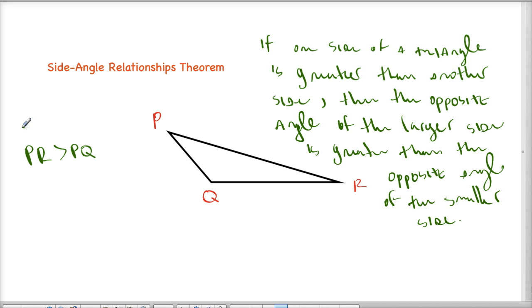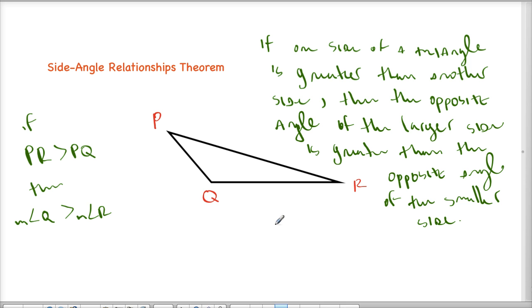So if PR is greater than PQ, which we can clearly see from the picture, then the opposite angle of PR, here's PR, the angle opposite that is angle Q, is going to be greater than the angle opposite PQ. Here's PQ, the angle opposite it is angle R. So we would know that the measure of angle Q is greater than the measure of angle R by using these side-angle relationships. Okay?